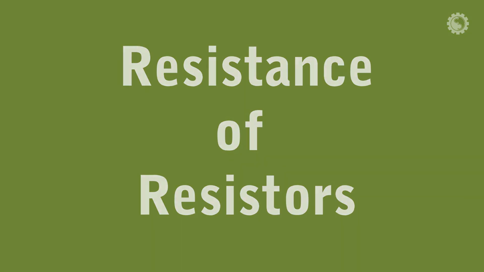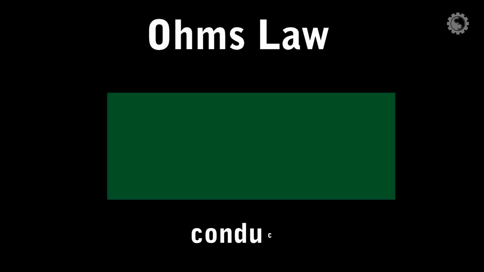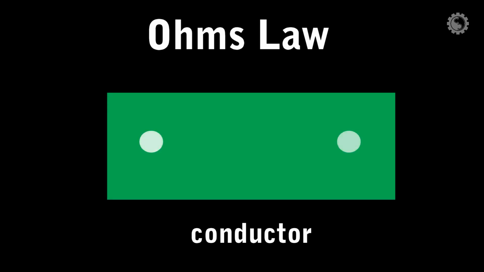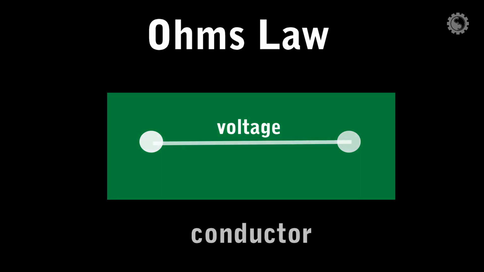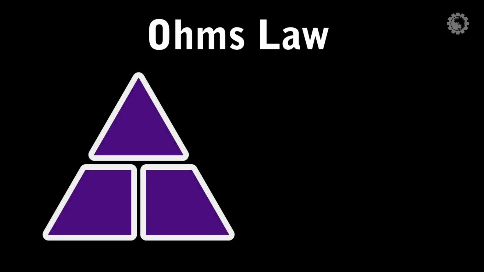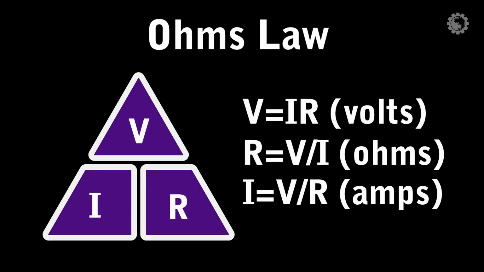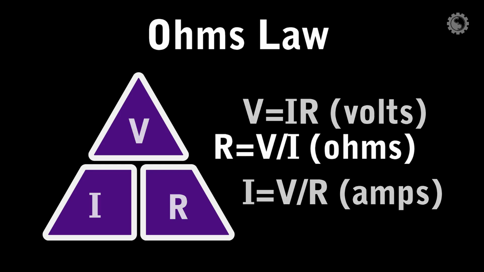We all know about Ohm's Law. It states that the current through a conductor between 2 points is directly proportional to the voltage across the 2 points. Here we understand the relationship of the resistance through the current and voltage.